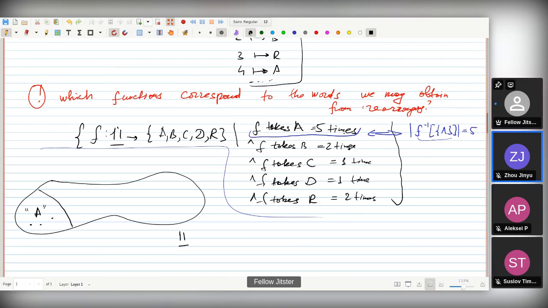Yes. How many positions should we reserve for A? 5. And then we must specify what? 2 positions for B, 1 for C, 1 for D, and 2 for R. Is it clear?